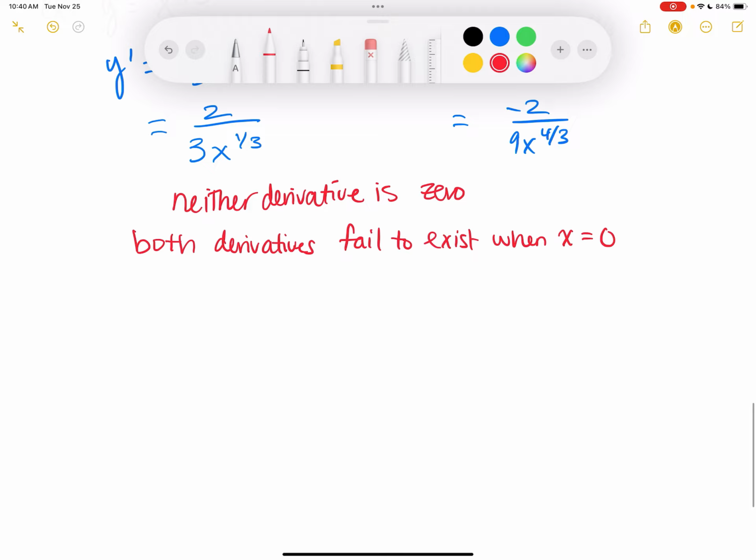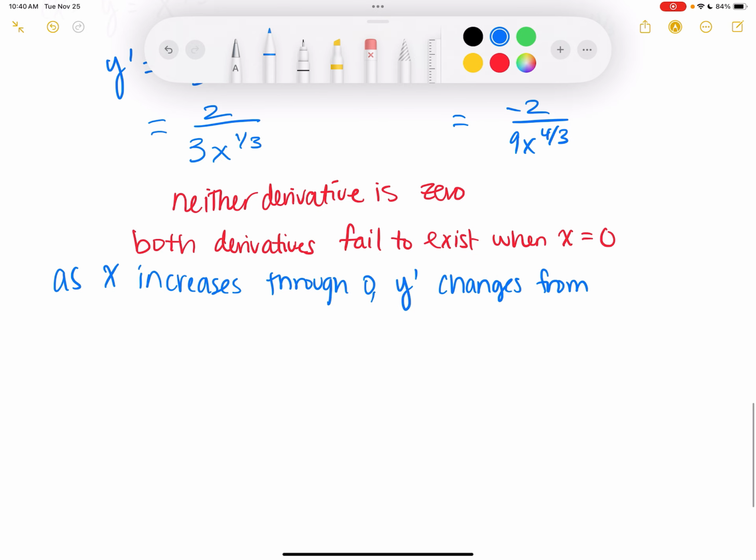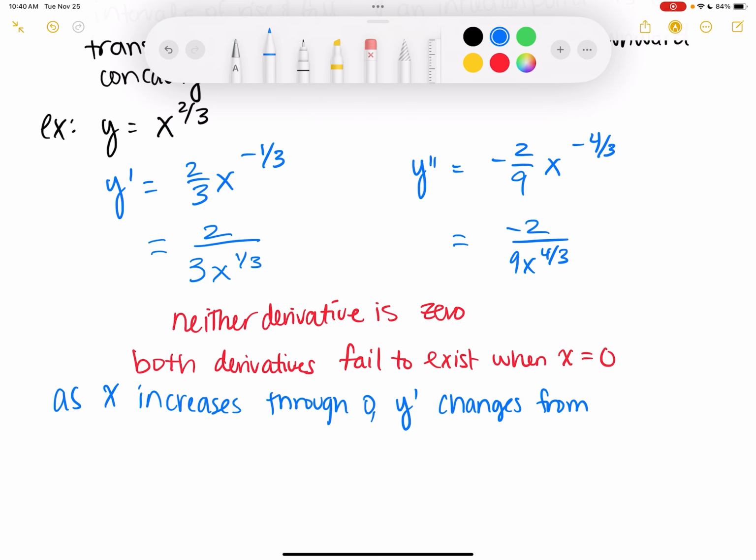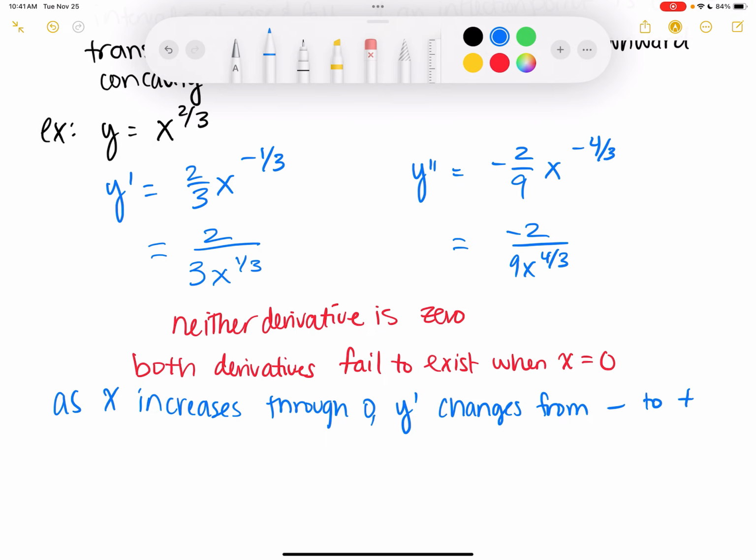So as x increases through 0, y prime changes from negative to positive, and that's because if I plugged in, say, negative 1, then this is going to be negative, my y prime. If I plugged in positive 1, it's going to be a positive number. So negative to positive. So 0, 0 is a min.